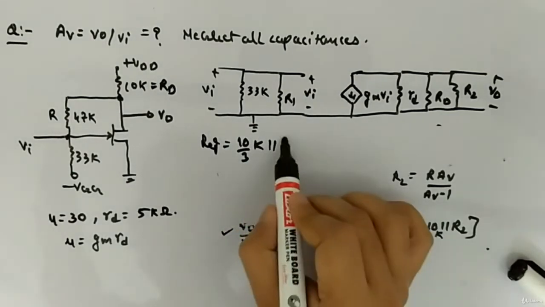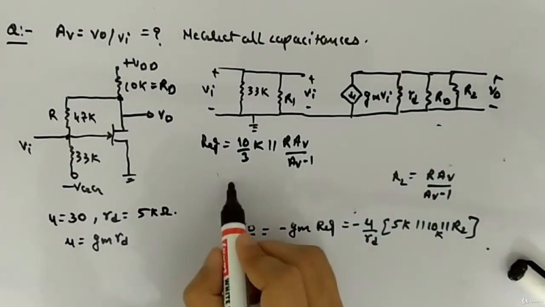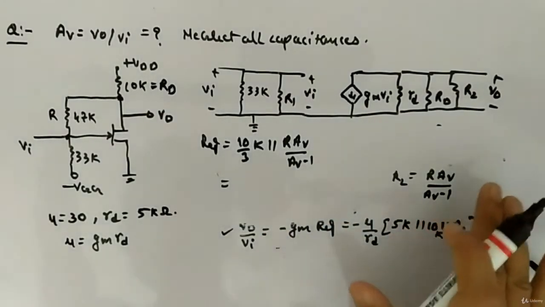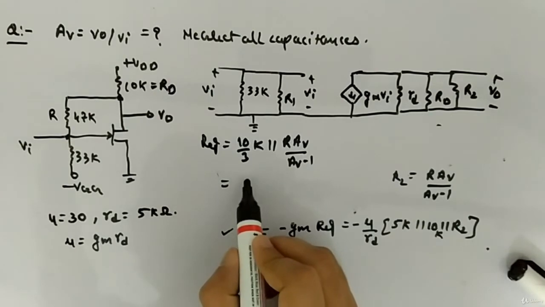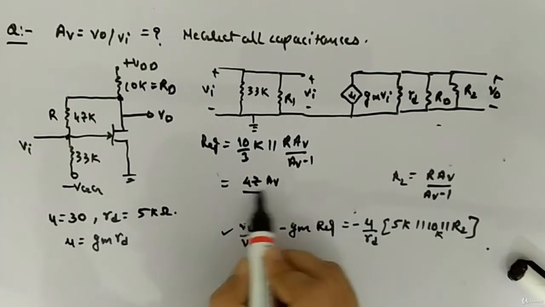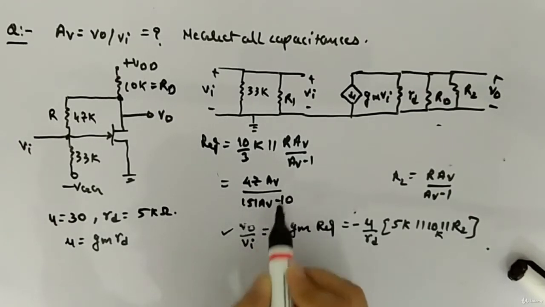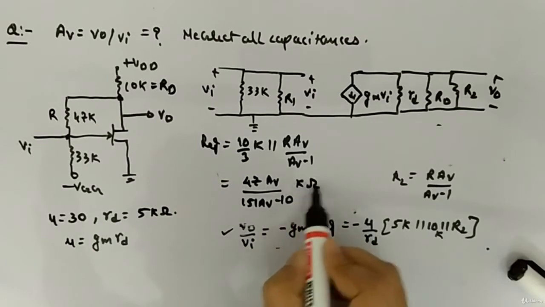R2 is R AV divided by AV minus 1. If you calculate this, you will get 47 AV divided by 47 AV minus 47, in kilo ohms.